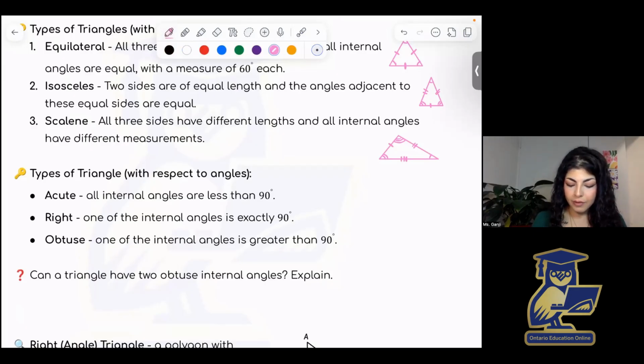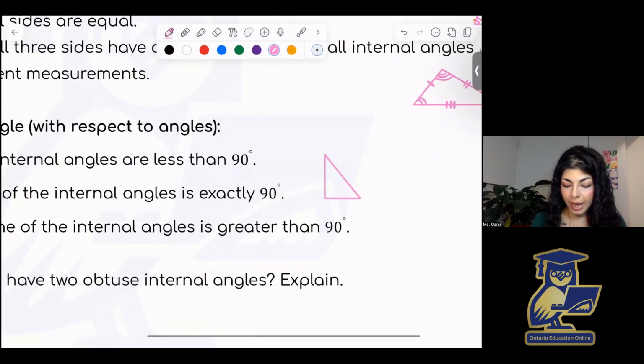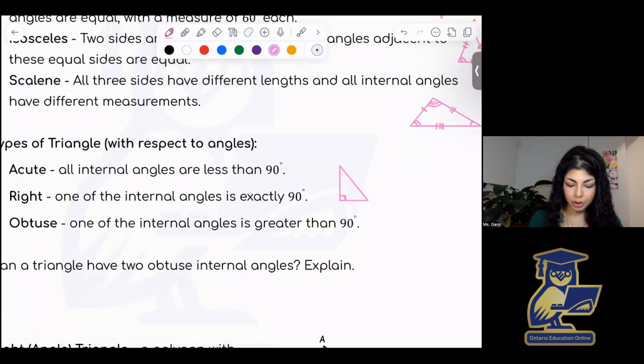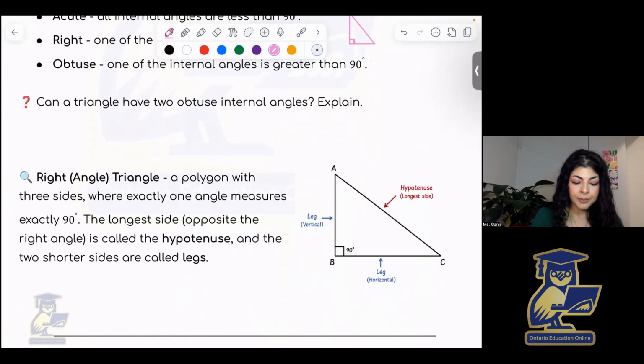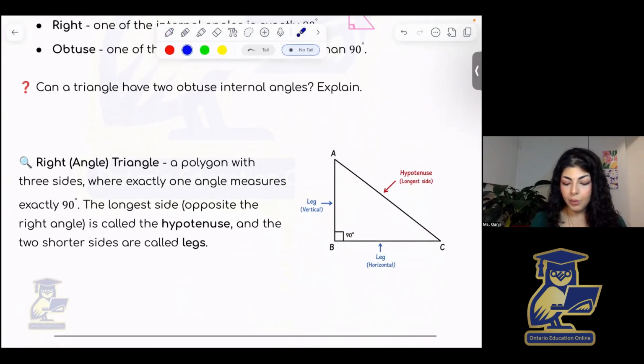And finally, we have a right triangle, which is one we're going to use a lot in this lesson. This is when you have a right angle. With right angle triangles, exactly one angle measures 90 degrees, and it is shown with this little square.